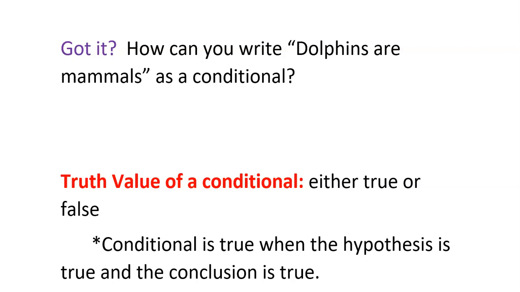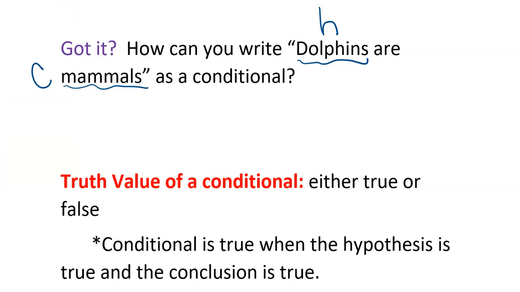It's kind of like in English where you have to use more descriptive words. So we're going to say if the animal is a dolphin, because again, dolphin we read first. So this is going to be your hypothesis. This is going to be your conclusion.